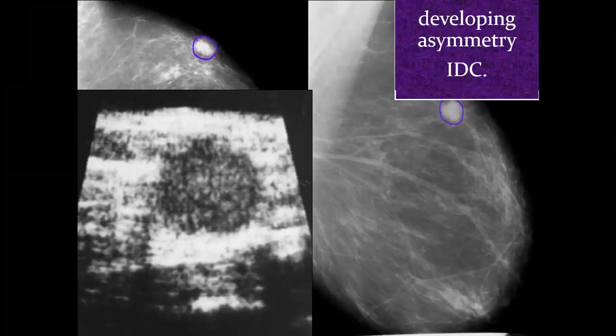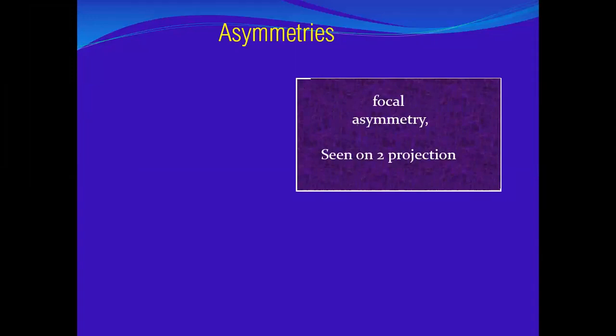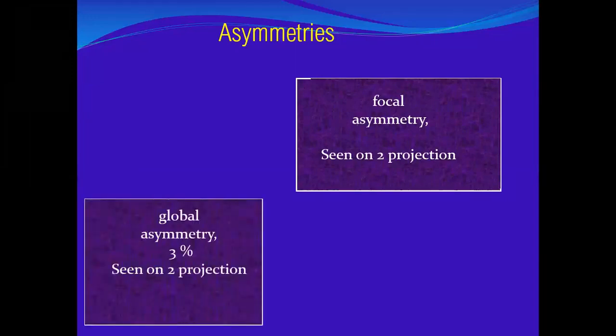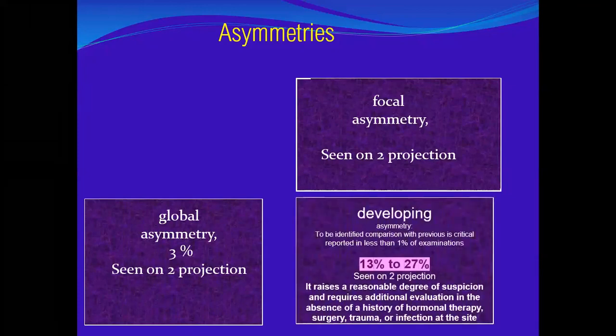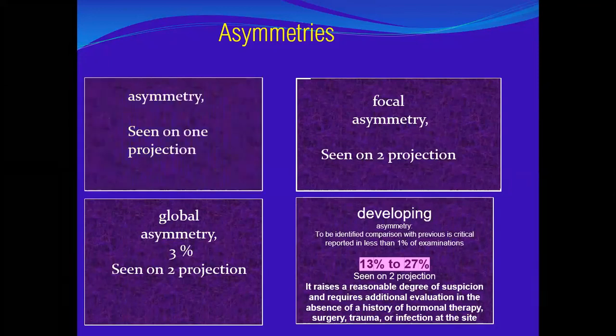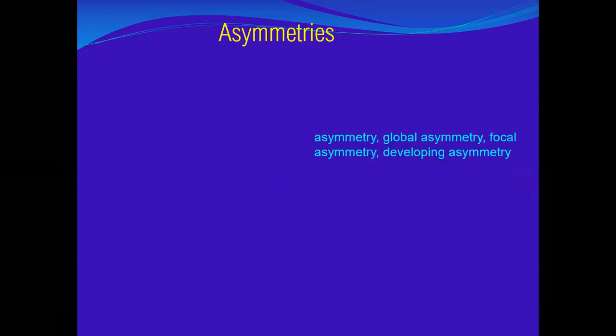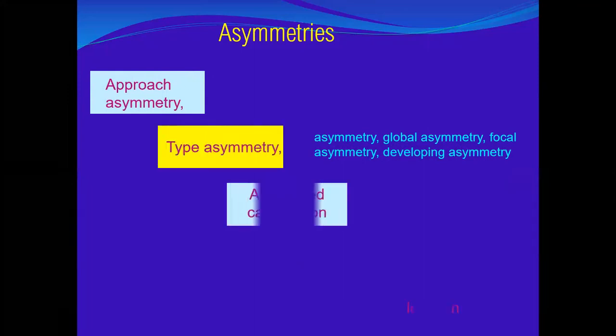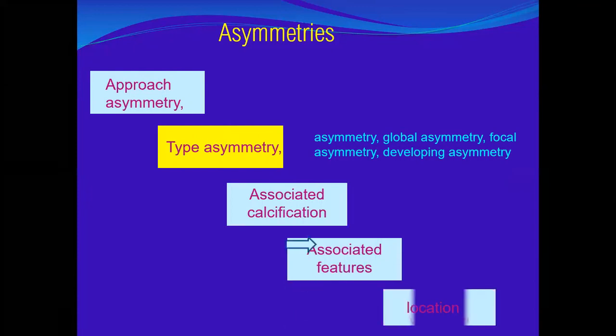To remind you again: focal asymmetry is seen in two projections, global asymmetry in two projections, developing asymmetry is moderately suspicious and requires further evaluation, and then the asymmetry seen on one projection only. The approach: type of asymmetry, associated calcification, associated features and location.